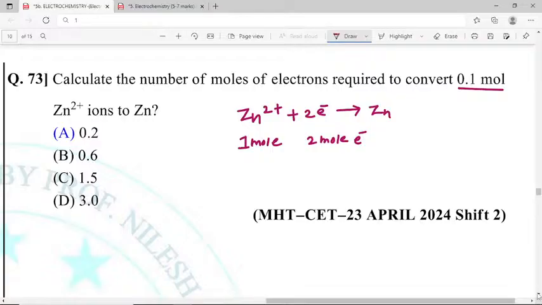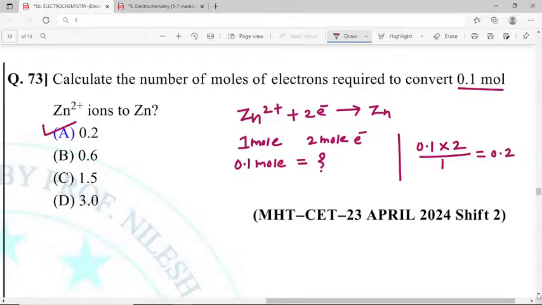So my question is that 0.1 mole requires how much mole of electrons? So solve in this way: 0.1 multiplied by 2 divided by 1 is equal to 0.2. So 0.2 is your answer.